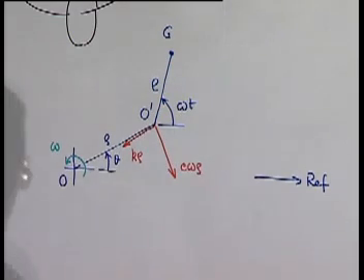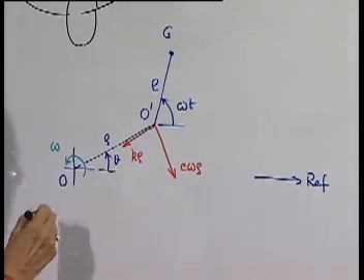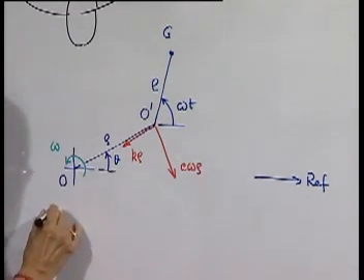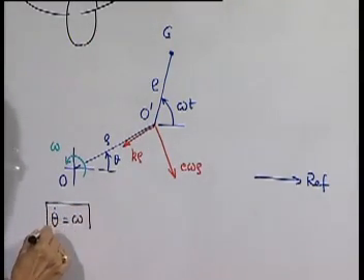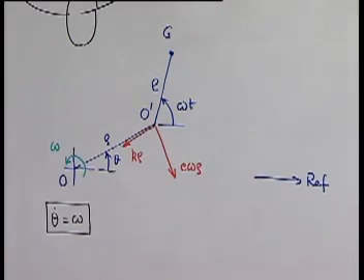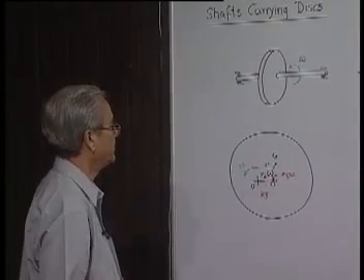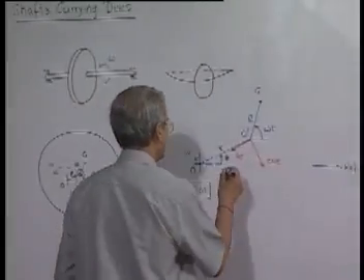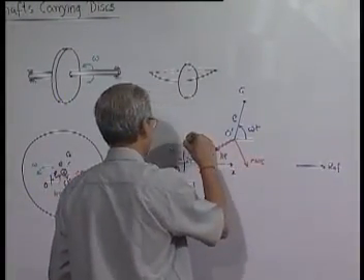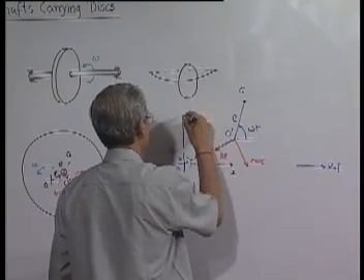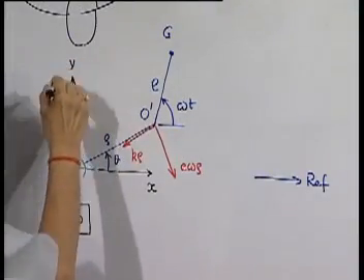So, therefore, we should keep in mind that theta dot is also equal to omega. Now, if we split everything into two components, x and y.